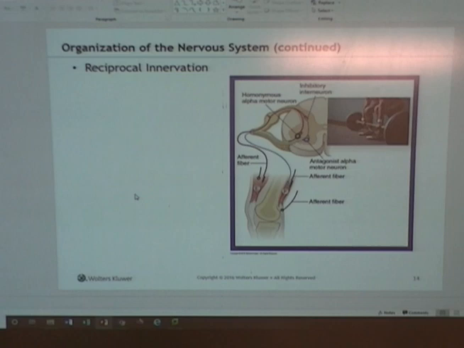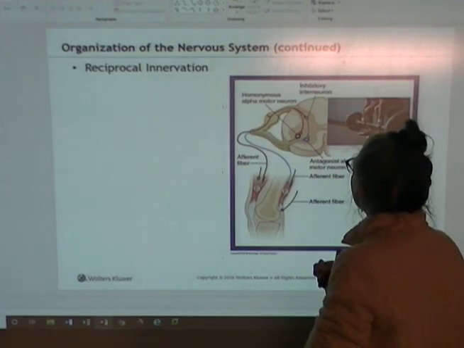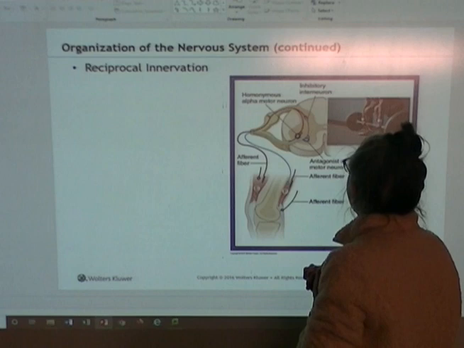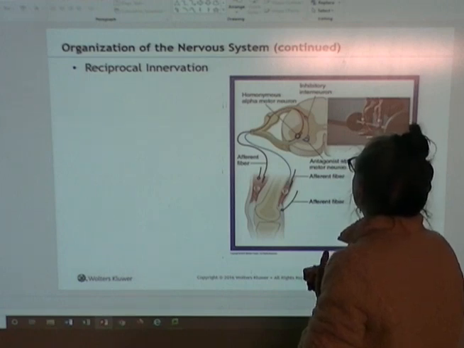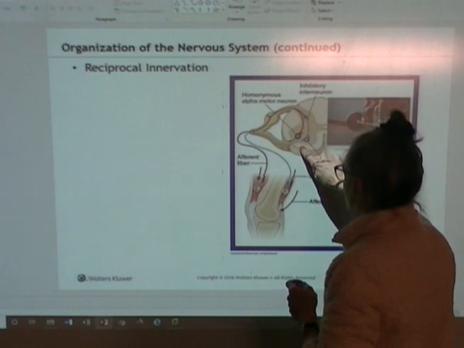Okay, now, this is a diagram of what they call reciprocal innervation. And I have to say, I could be wrong, but I think the diagram is incorrect. So I am going to try and draw the little bit that's going on in the spinal column for you.